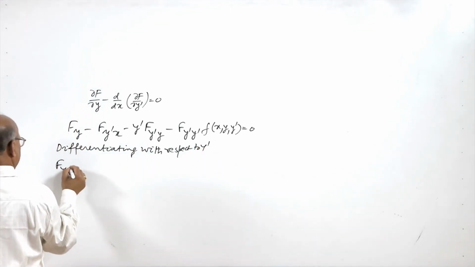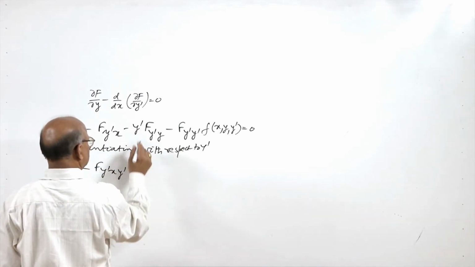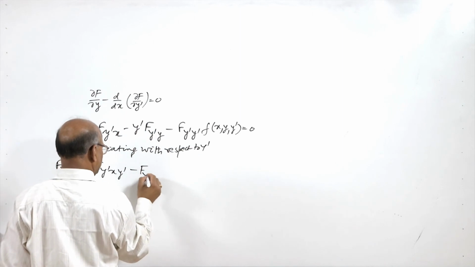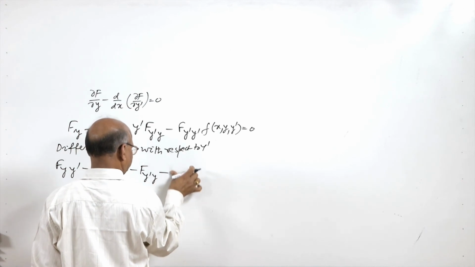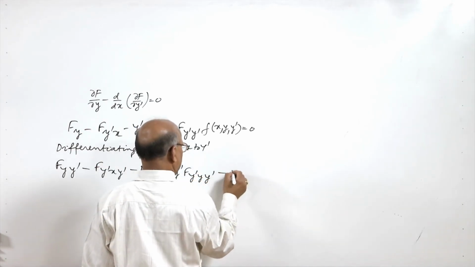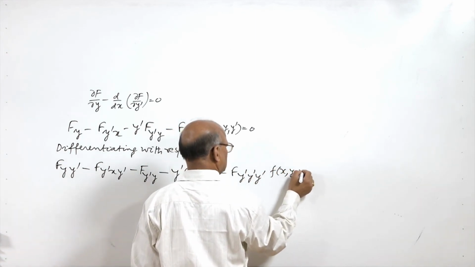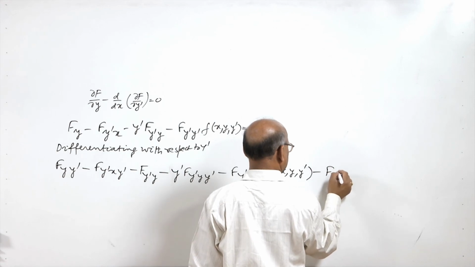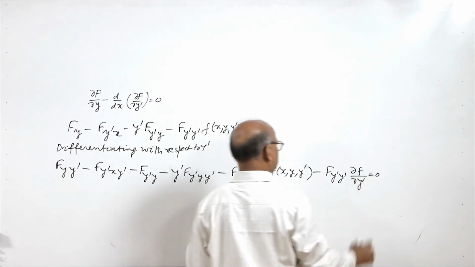What we get is f_yy' − f_y'xy' − the derivative of y' with respect to y' is 1, so f_y'y − y' f_y'y' and then we get f_y' f_xy' − f_y' ∂f/∂y' = 0.